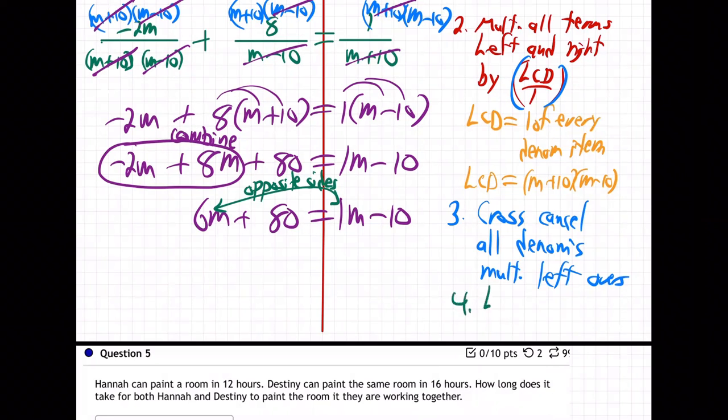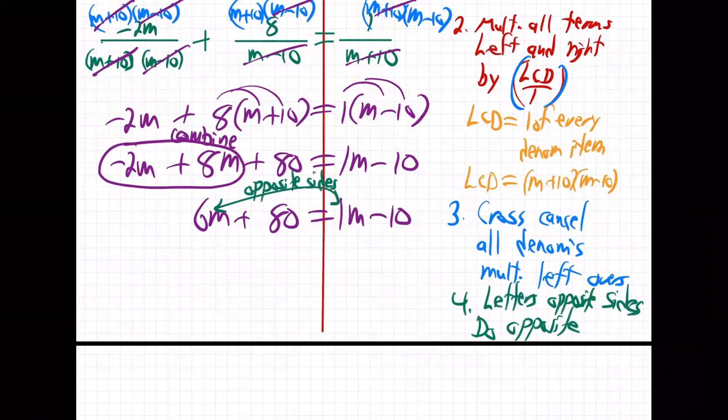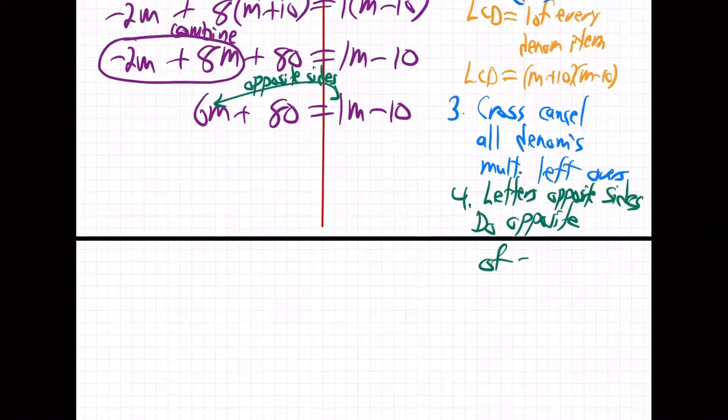So step 4, when you have letters on opposite sides, do the opposite. Do the opposite of one of them. It doesn't matter which one. It's easy to forget this rule. It's been a long time since you've done this. You do the opposite of one of them.